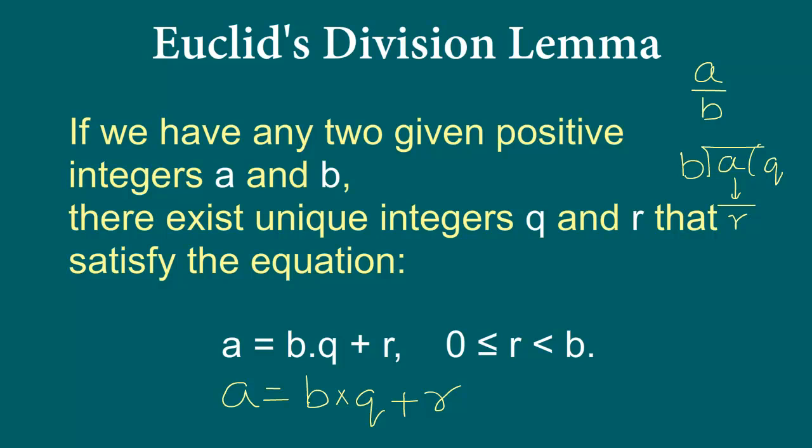The value of r can be greater than or equal to 0. Remember, in the third example r was 0. But r must be less than b. r cannot be equal to or greater than b, right? This is when the division stops.